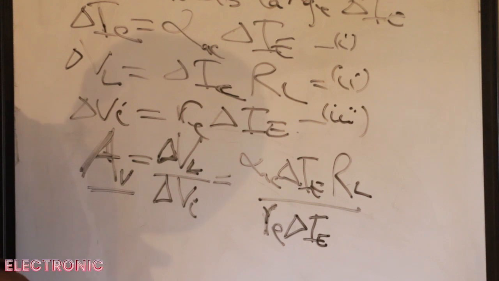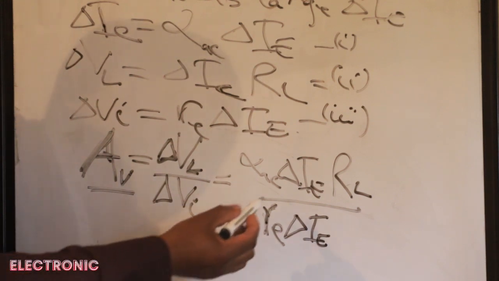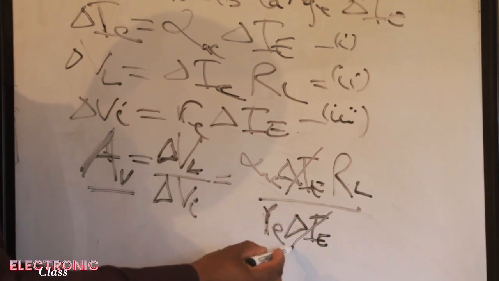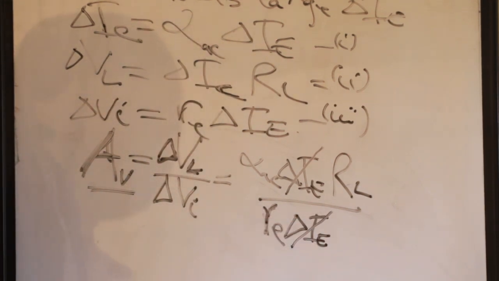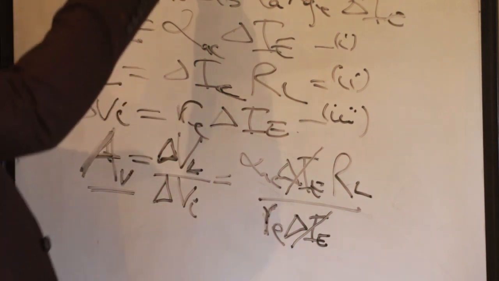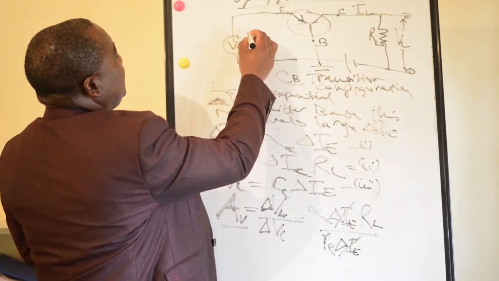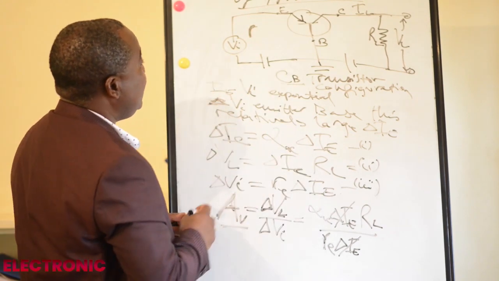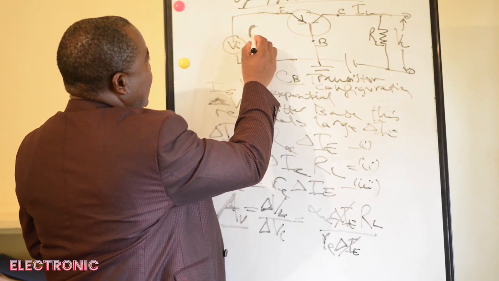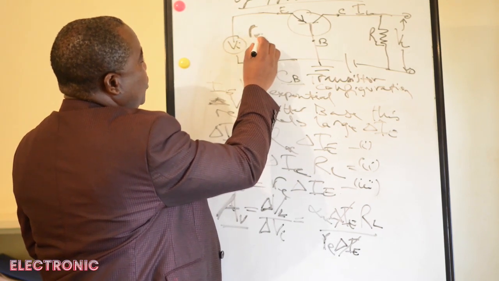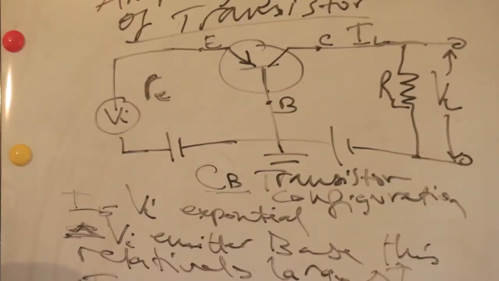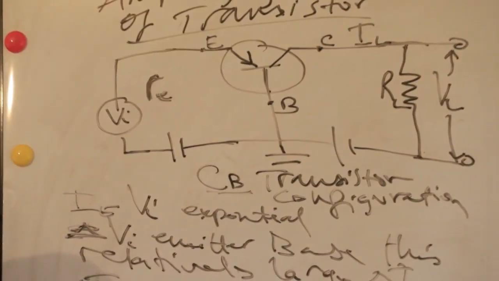So this cancels each other. Just simple algebra. So let's assume that this small r is the resistor, but we put a small e also to show that it is the dynamic emitter junction resistance.